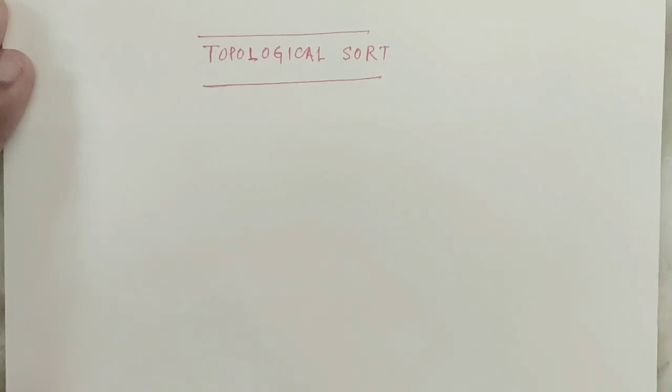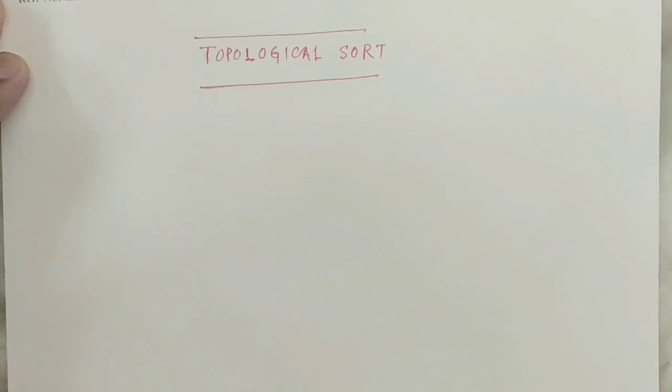A DAG has only one source and one sink, and if a graph has many sources, then there is confusion. So in that case, one can create a super source by creating a node and connecting it to all source nodes. Fine?